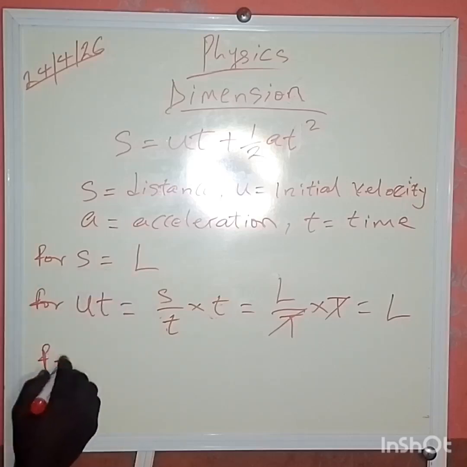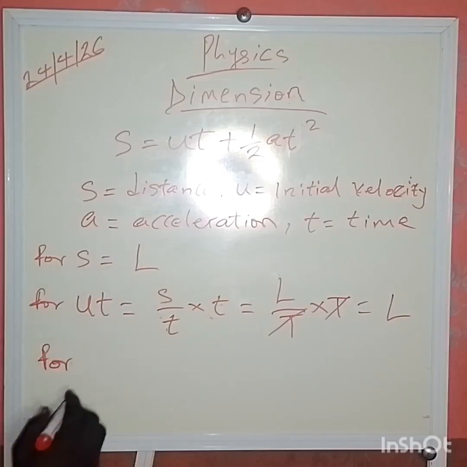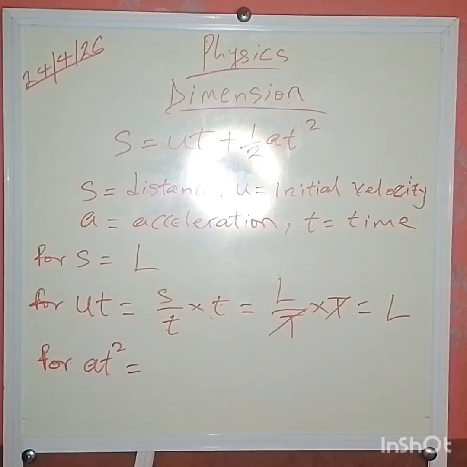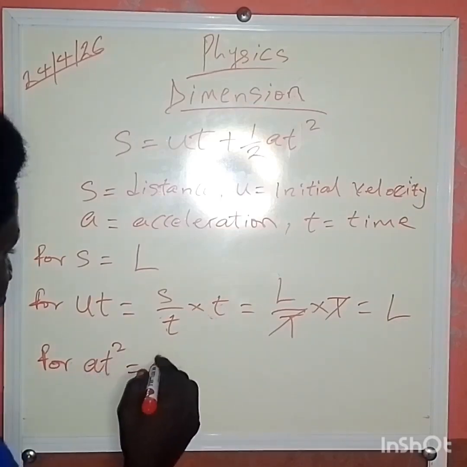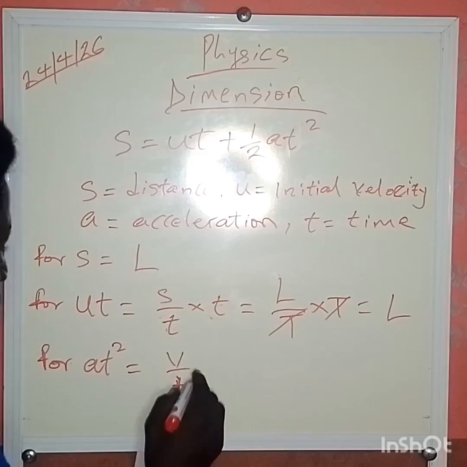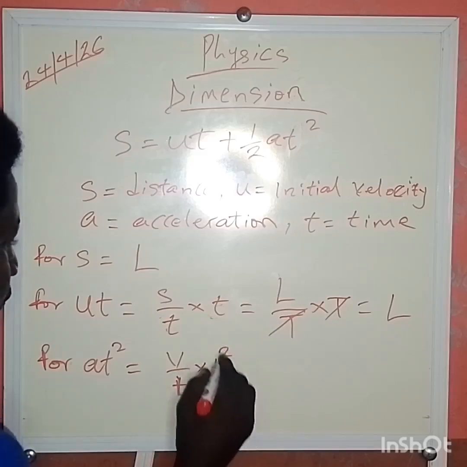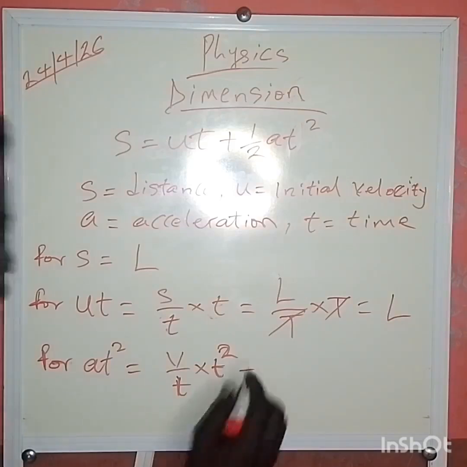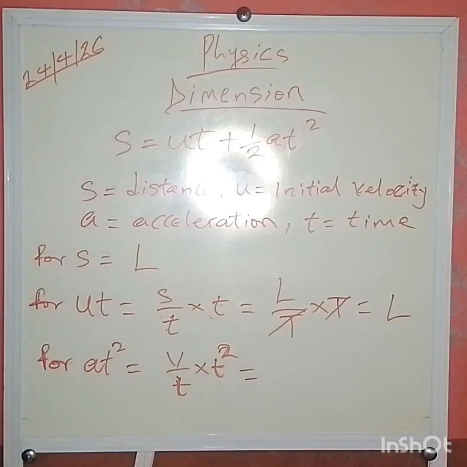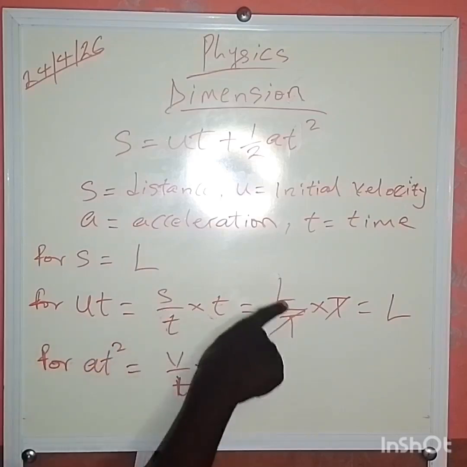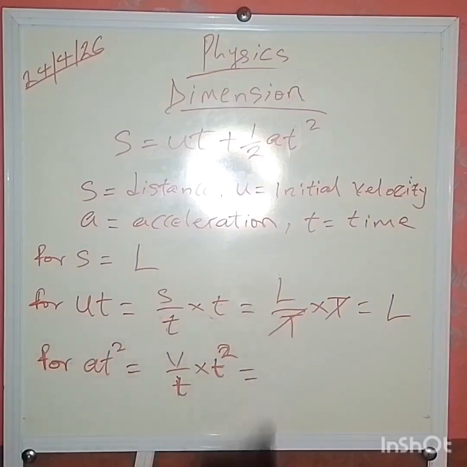So for AT squared, the formula for acceleration is velocity over time taken, multiplied by T squared. The dimension of velocity is L over T, that is LT to the power minus 1.